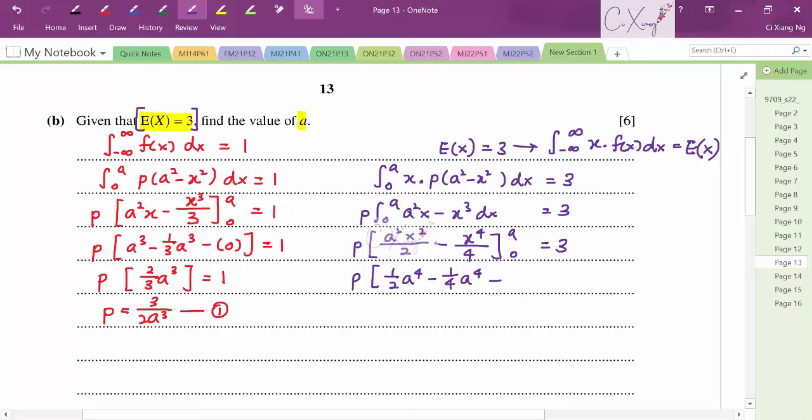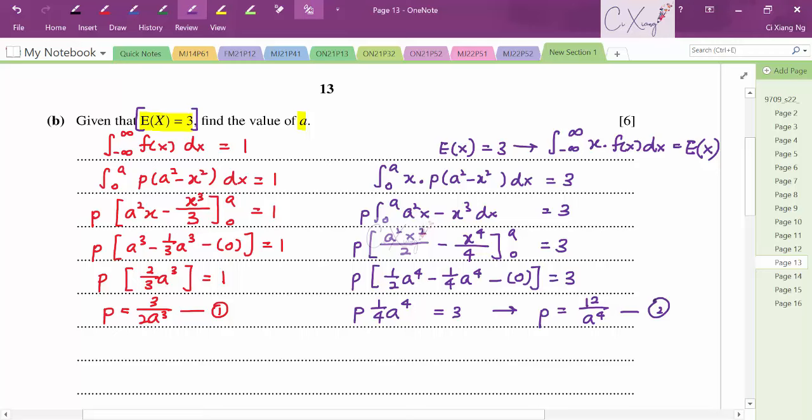When I substitute 0 into the whole expression, I will get 0. And I let it equal to 3. Simplifying this equation, I will have p times 1 over 4 a power 4 equals 3. Therefore, I get my second equation, where p equals 12 over a power 4.